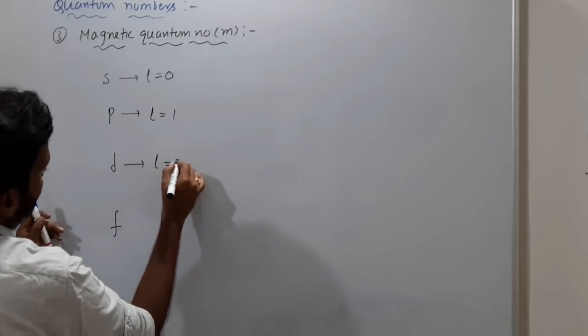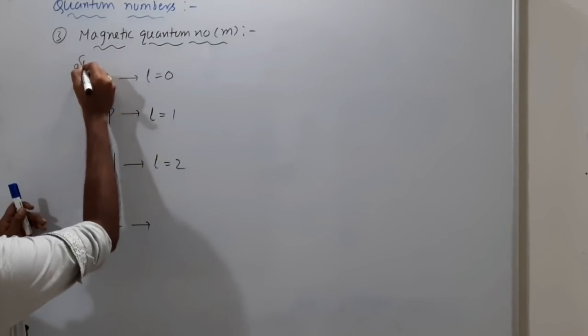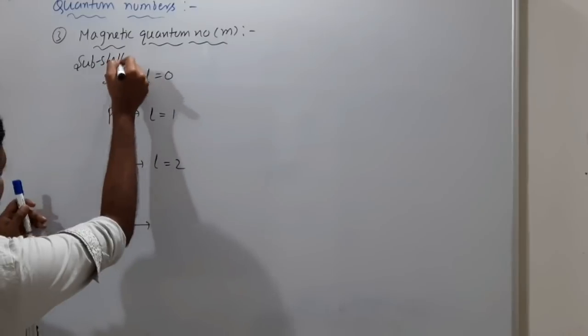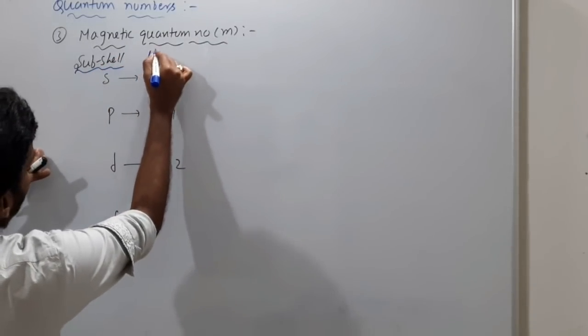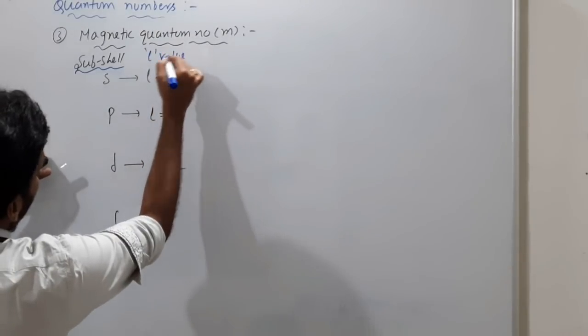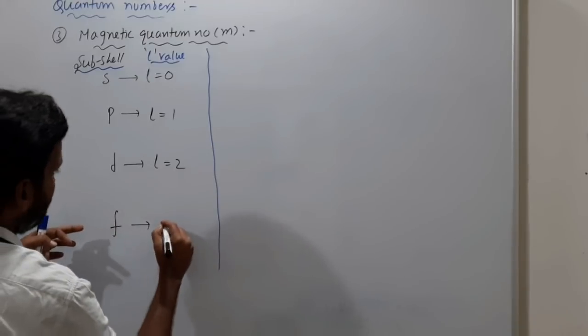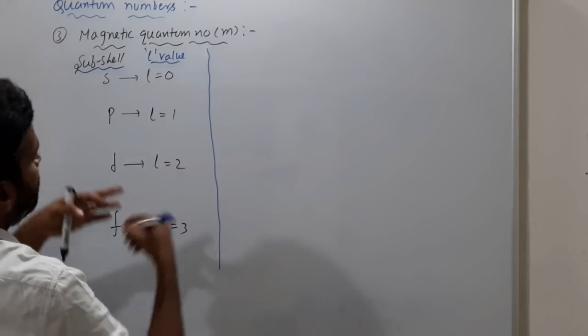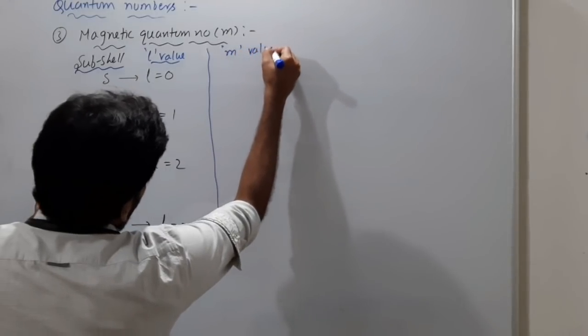For d, the l value is 2. For the f subshell, the l value is 3.